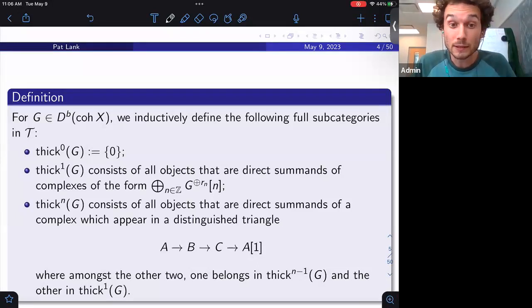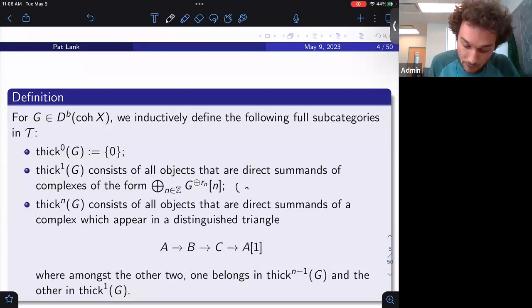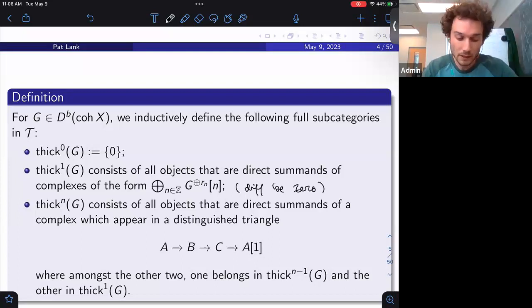We define thick 1 to consist of all objects that are direct summands of complexes that are direct sums of shifts of direct sums of the object G. So here, the differential will be 0. You're just looking at direct summands of things that can be attained by taking direct sums of shifts of your object.